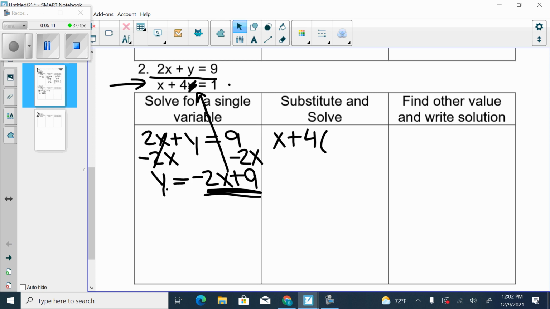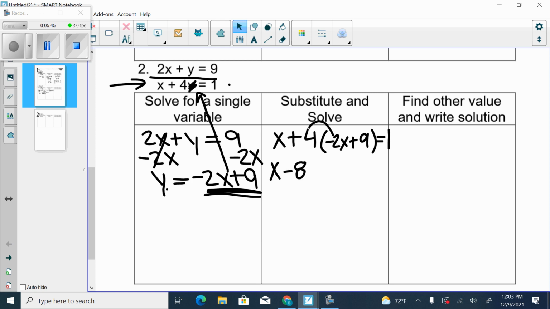So I have to put my parentheses so I can write it all in the parentheses. Negative 2x plus 9. And then finish writing the equation equals 1. And then we're just going to solve it. Okay, so if I'm going to solve, what should we do first? Okay, so I got 4 times negative 2x.